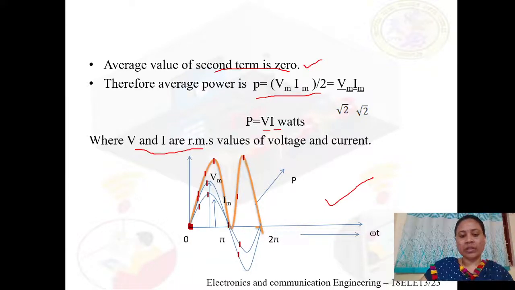So it is always in one direction. Okay, let us say current and voltage at these two points are minus 5 and minus 5, the product is minus 25 times minus, so it becomes plus 25. So this is how the waveform can be represented for the power.